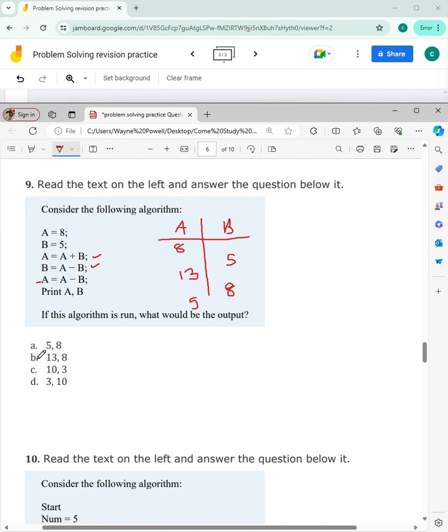I'm not seeing the answer here because A would be, sorry, the answer is there. A would now be 5 and B would be 8. So this would be the answer.